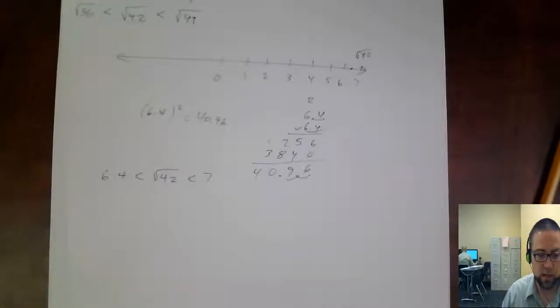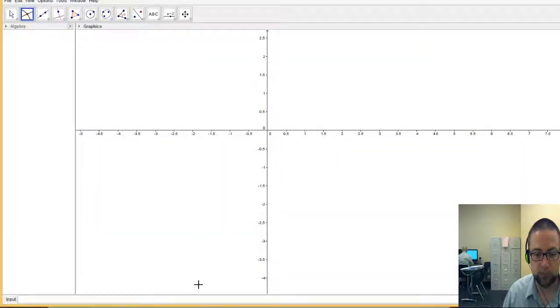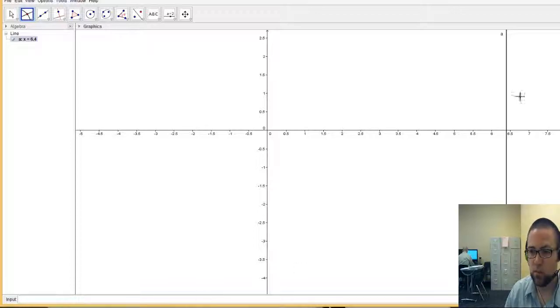So let's look at GeoGebra here, and let's set x equal to 6.4. I put a vertical line through the value x equals 6.4. And now what if I said x squared was equal to 42?